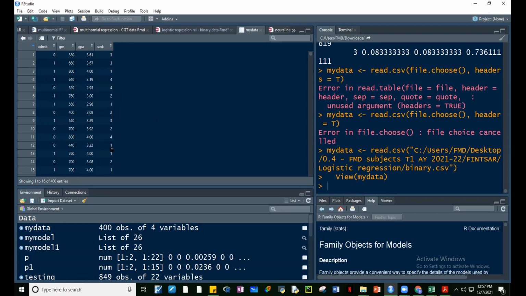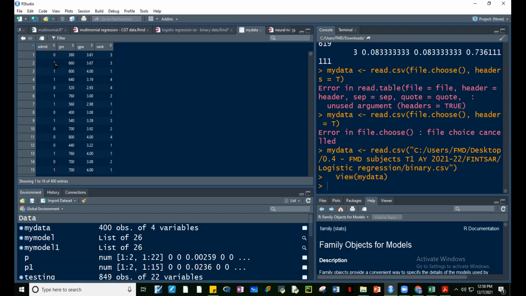So let's see if this rank will affect the decision of the school to admit or not to admit the applicant. This is the data we have here for student number 1. This student was not admitted to the university. The GRE score was 380 and the GPA was 3.61, and that student came from a 3rd-tier school.